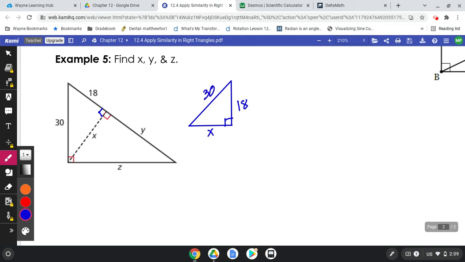Okay, so we can do a squared plus b squared equals c squared. Now the c has to be the 30. I know some of you might be thinking, but the 30 is not the hypotenuse of the big triangle. You are correct. Of the big triangle, the hypotenuse is here. But on the small triangle, the hypotenuse is the 30. So x squared plus 18 squared equals 30 squared.